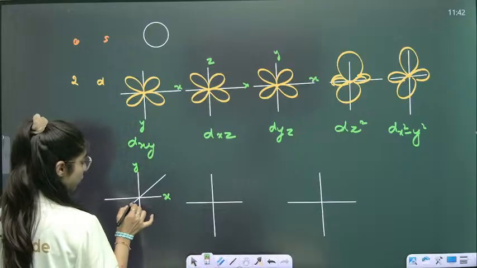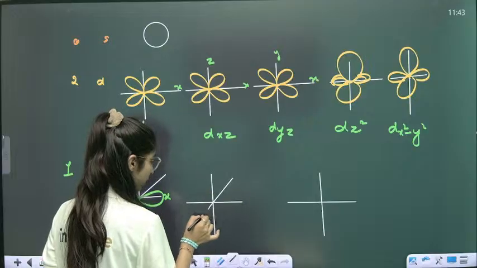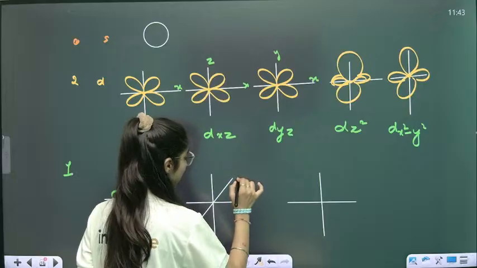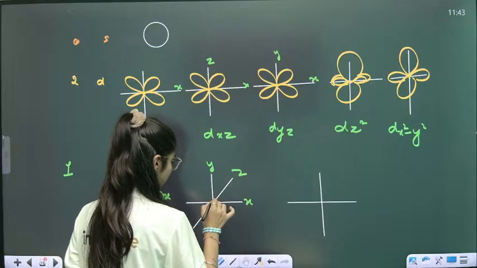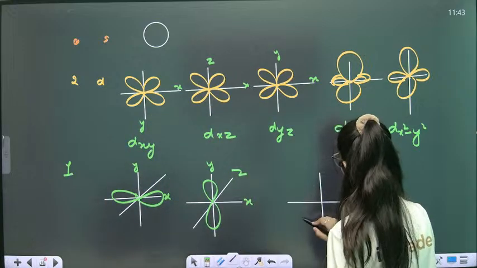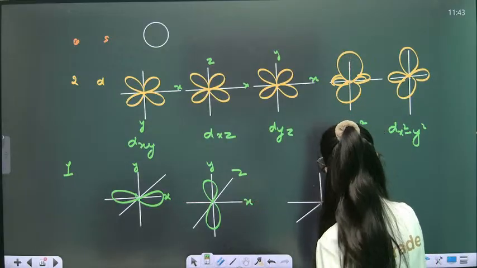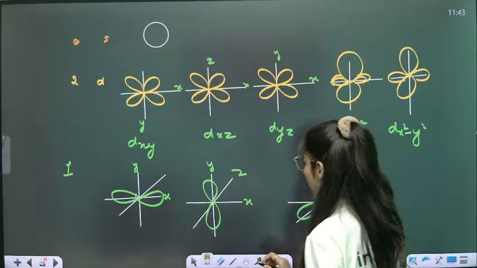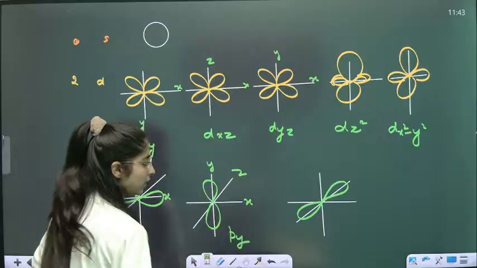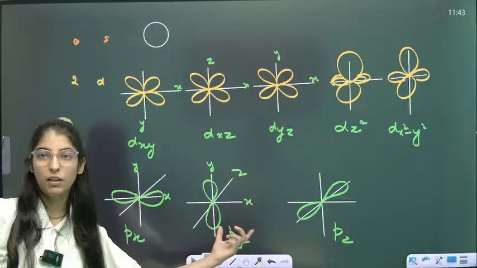So px will be like this. This is x, this is y, this is z. This is going to be your py, and pz will be like, I am drawing it here, this is your pz. This is px, this is py, and this is going to be your pz. So these are the shapes of your px, py and pz.